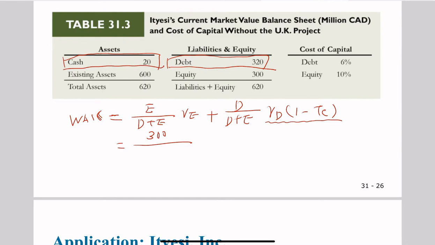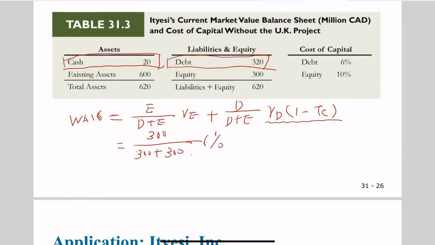Net debt is calculated as debt minus cash, because cash is like negative debt. So net debt would be 320 minus cash 20. So this gives you 300 plus 300.